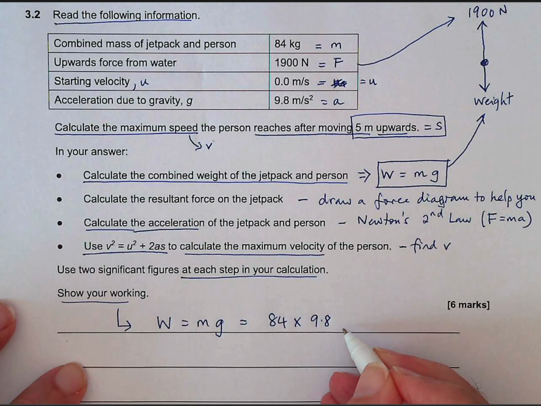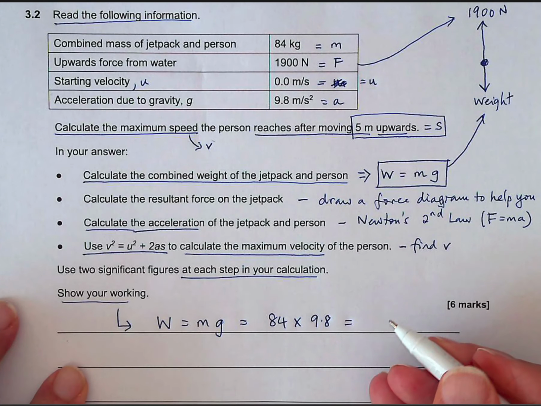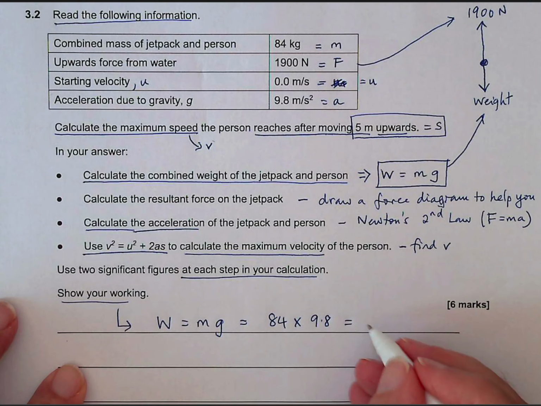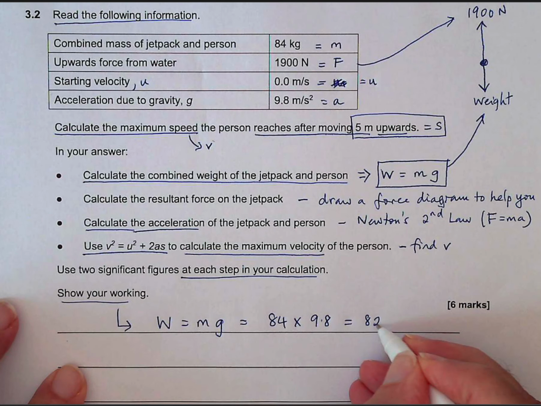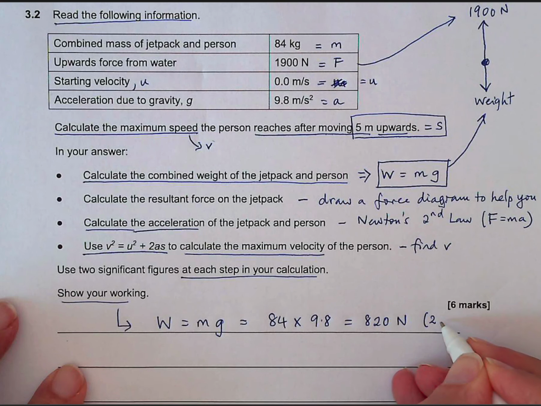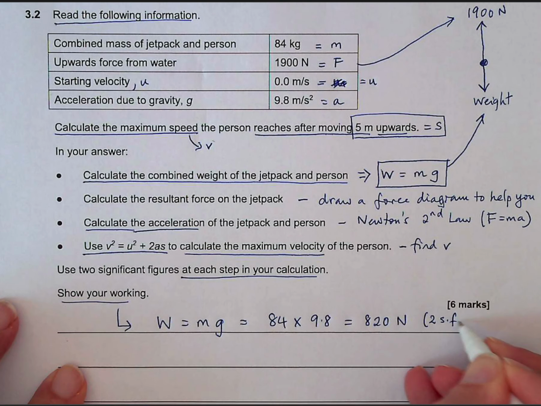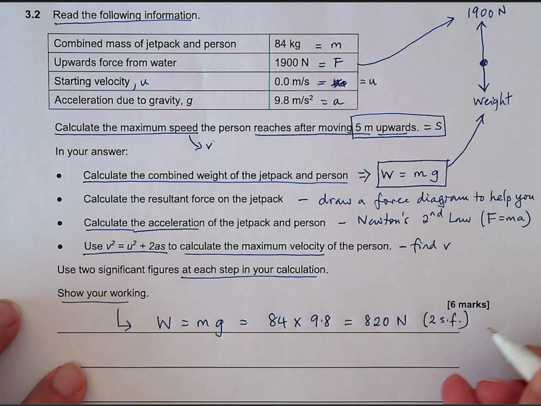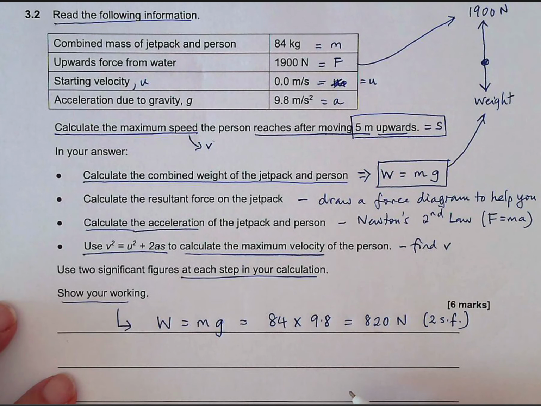That's why exam boards often give 10, so you don't waste time with the calculation. If you multiply those two numbers, it's 820 newtons, again to two significant figures. It may have been 820 something, but you only need to put the first two significant figures.